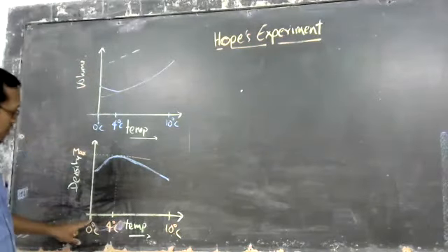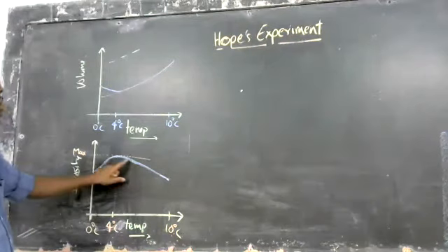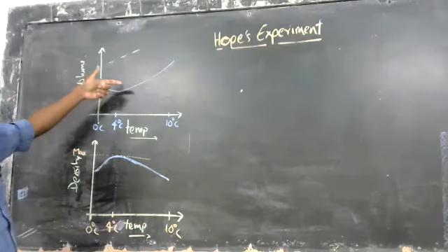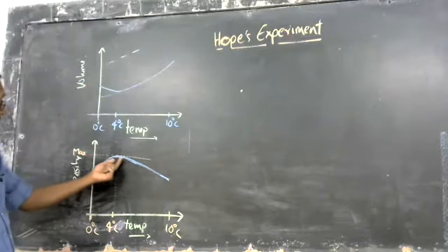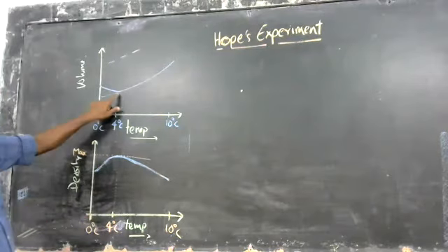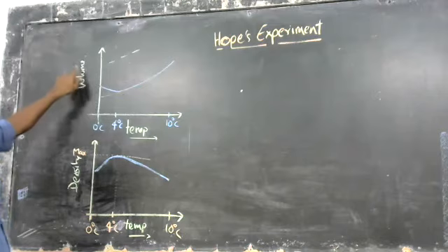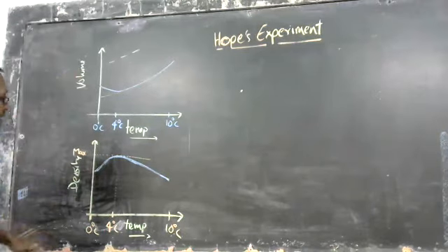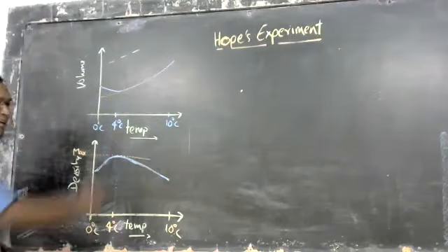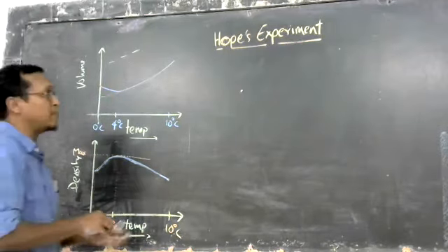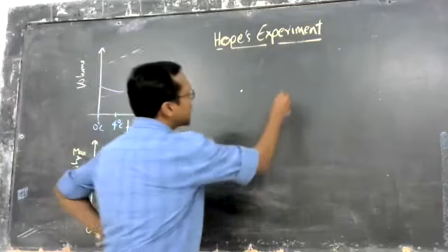From 10 degrees to 0 degrees Celsius, the density of water will increase owing to the fact that the number of particles remain the same but the volume is decreasing, and it becomes a maximum at 4 degrees Celsius because that's when the minimum volume takes place. And then because it increases in volume after that, the density decreases. Of course, the change is not as dramatic as shown in these graphs, but that is to give you a picture of what's happening. Now let's come to the apparatus.